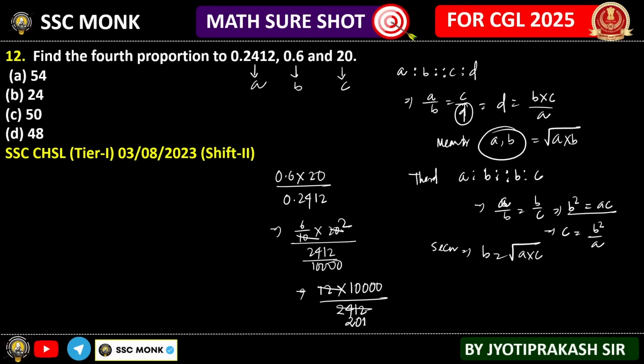Now you say, what is the fourth proportional? 200. I think something is missing over here. Otherwise, it will be less than 50. So right here, I can guess it should be close to 48, but it won't be 48. It will be somewhere around 4950, because 1000 by 200 will be close to 200 and 500. There is some error in this question. Something is missing over here.